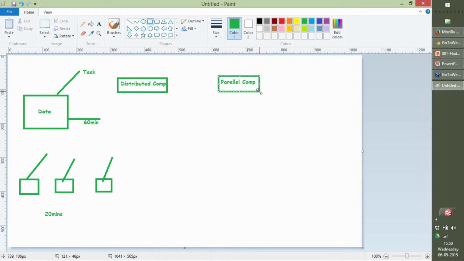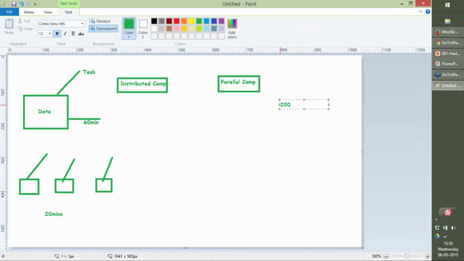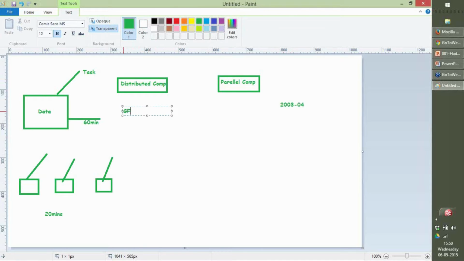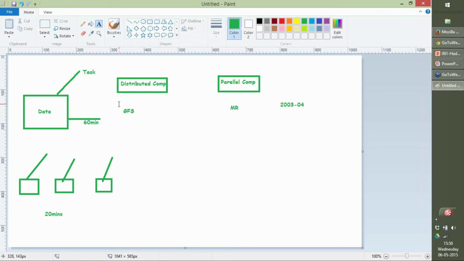In 2003-2004, Google released 2 white papers on these concepts. The 2 white papers are GFS and MR. GFS is based on the distributed computing concept. MR is based on the parallel computing concept. GFS means Google File System. MR means MapReduce.